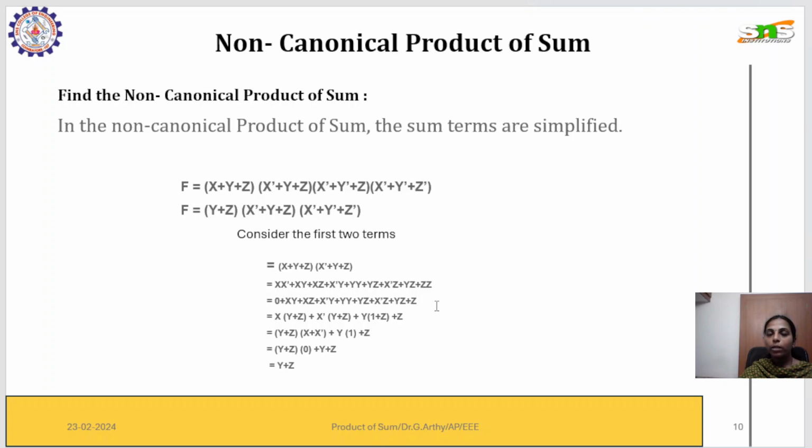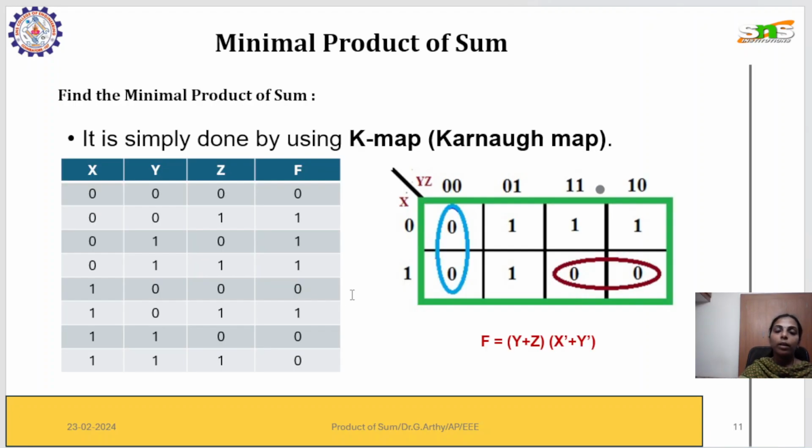When canonical forms are realized, the number of gates will be more. So in order to reduce the number of gates, we go for non-canonical form of representation as well as minimal representation. To find the non-canonical form of representation, we use Boolean laws. Then this is the minimal product of sum.